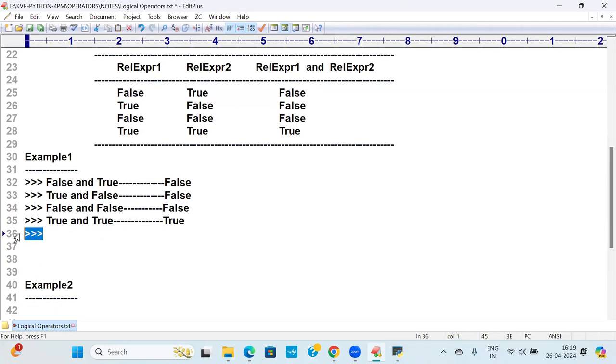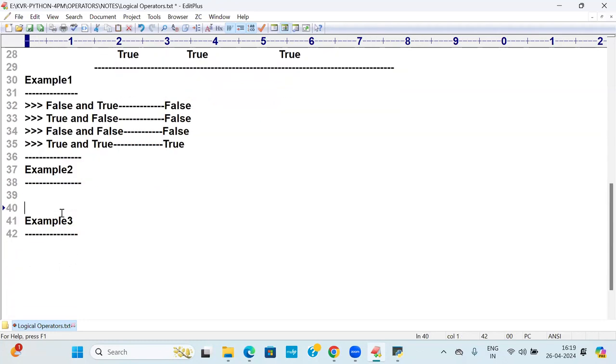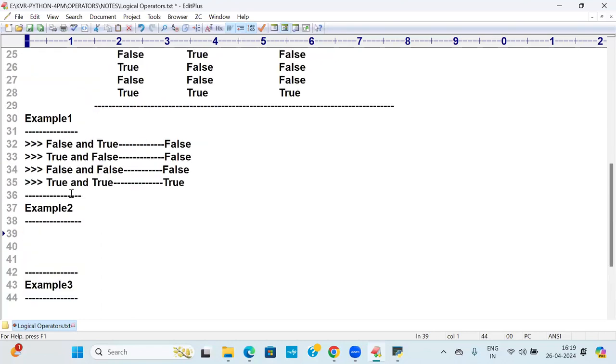Now I'm going to enter into example number two. Here, students, example number two. This is something more interesting that you have already studied in your colleges. Sneha Mishra, like plus minus equal to minus. What is this? Something new.